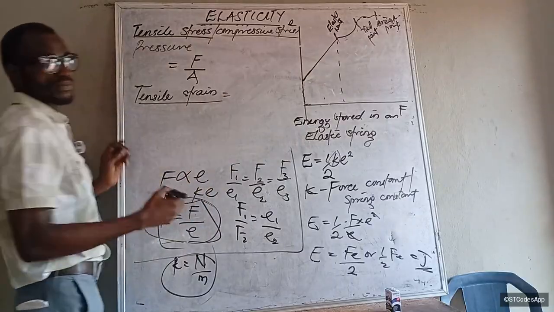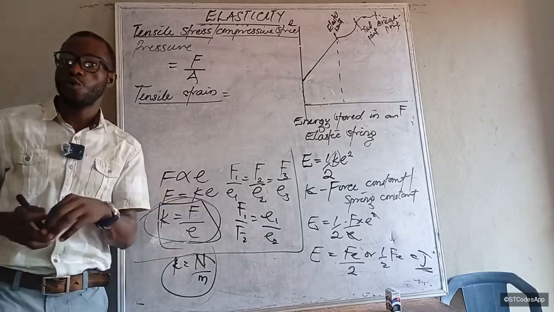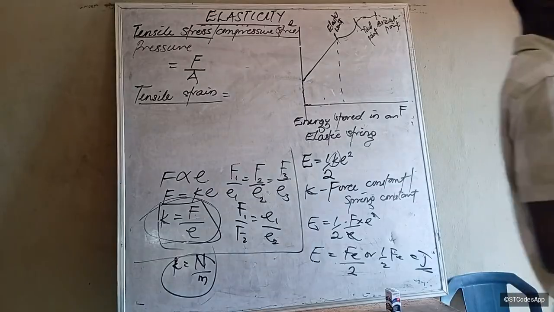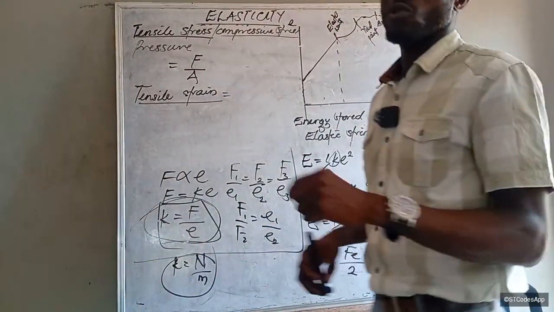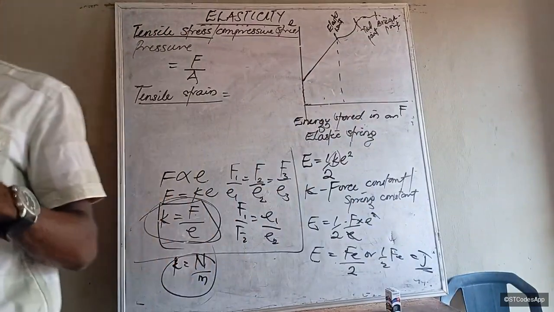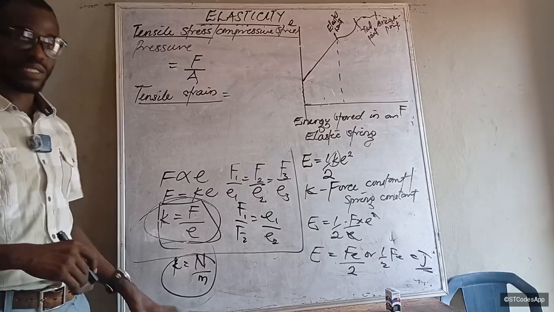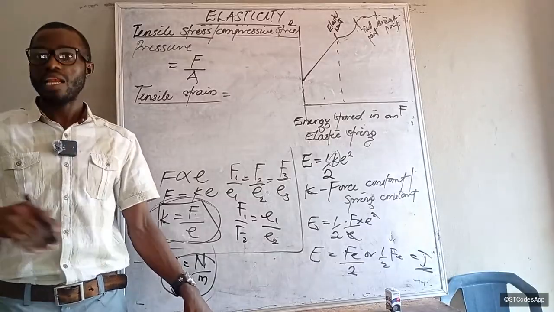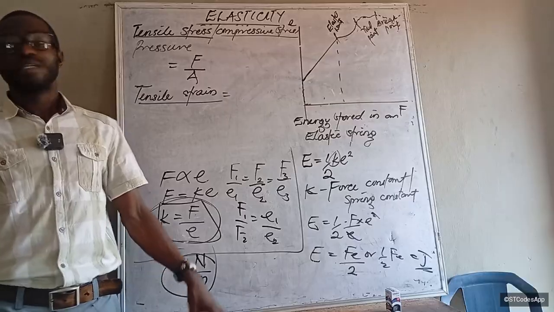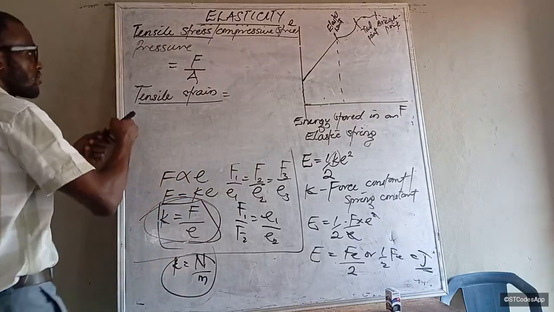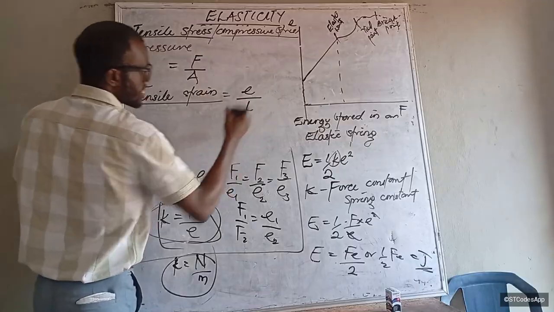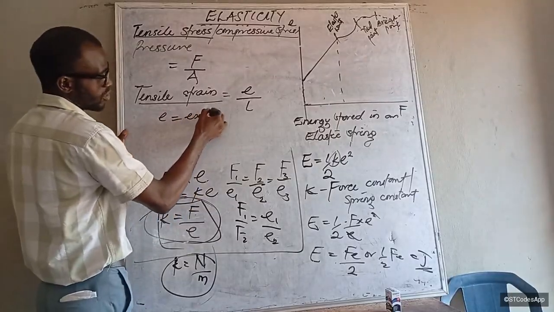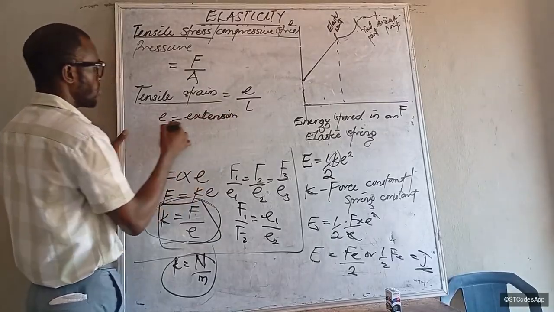This is the ratio of the extension produced to the original length of the material, the length of the spring or elastic string. Now, e is extension, and L is the original length.